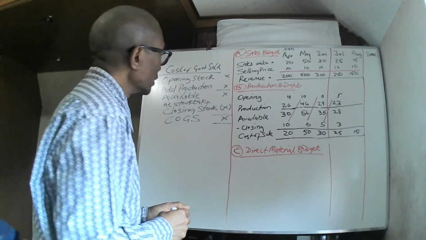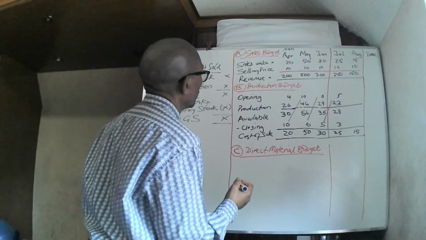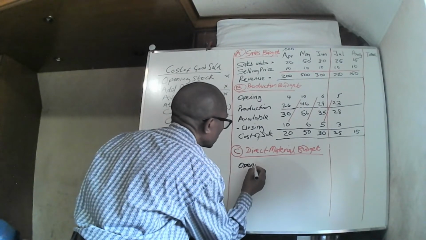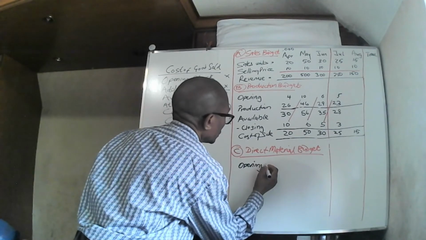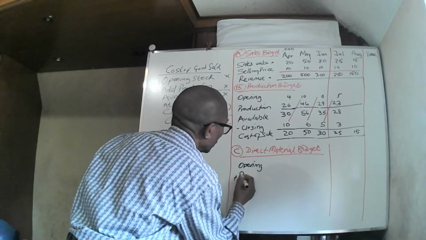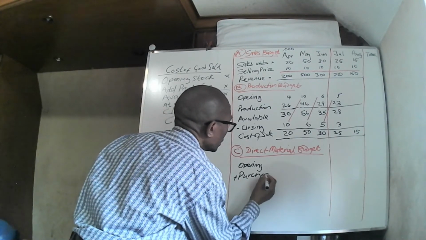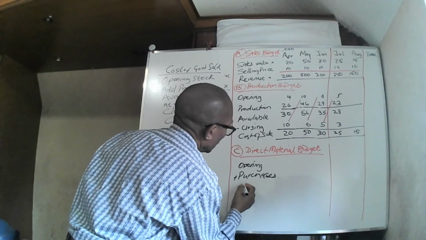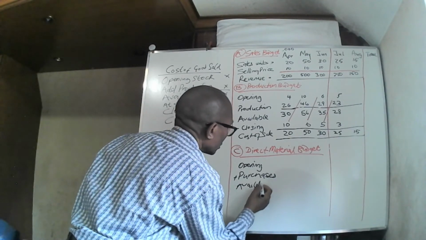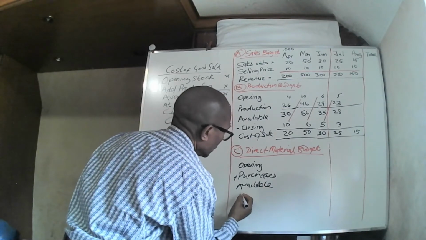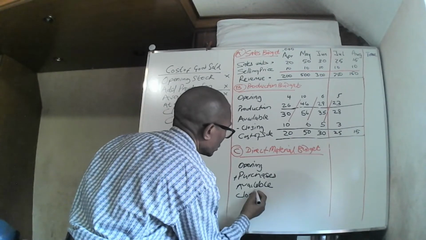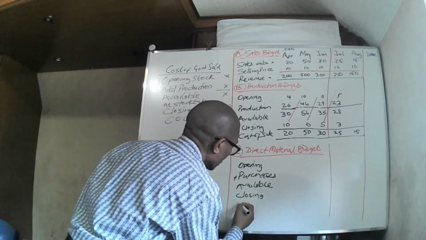Here again, you need to pause, lay out the structure the way it is again. Opening material at hand. Opening. You have to add purchases. That will give you total available. Less closing. Will now give you material used.